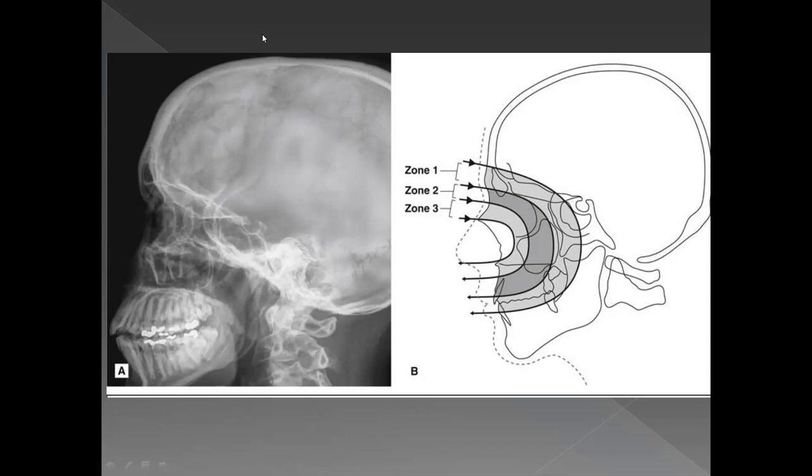So don't rely purely on X-rays. You have to combine it with your physical examination findings, then you can come to a diagnosis. Just don't rely on an X-ray, because there can be artifacts, or maybe the patient has moved or something, so you might not get all the information that you want.